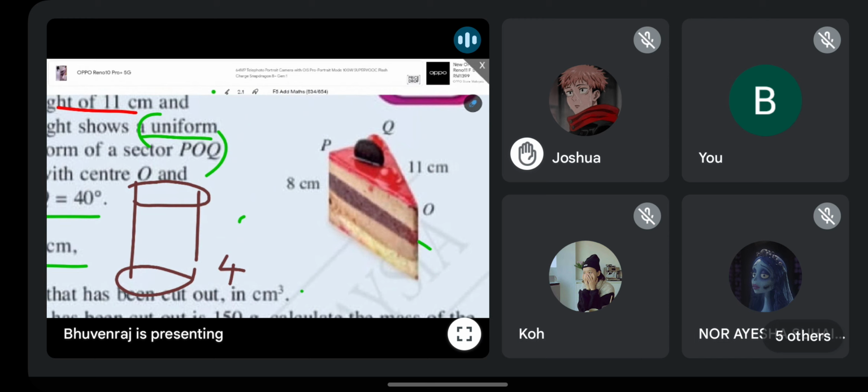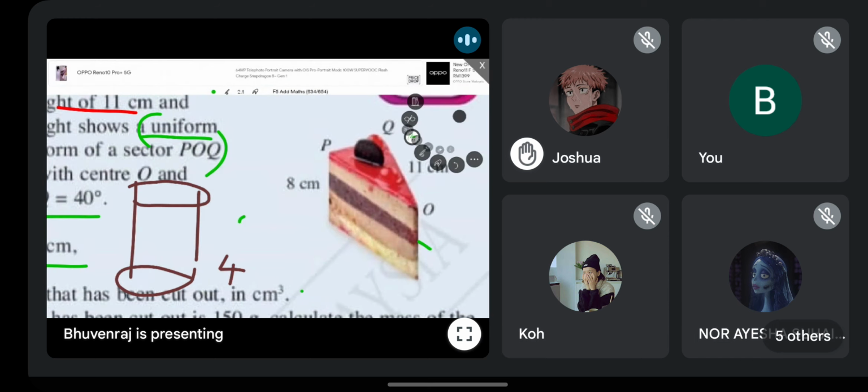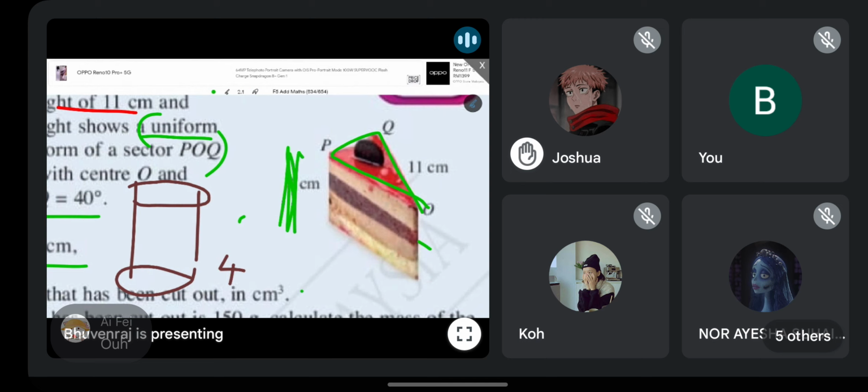This one is sector. Okay, so it's luas sector kali dengan 8. Correct. Okay, that is the concept. This is sector, then you times with the height. Do you all understand this or not? Siapa tak faham apa yang diterangkan oleh Aifeh? Mengapa isi padu tu adalah luas sektor kali 8 cm? Siapa tak faham? Raise your hand.